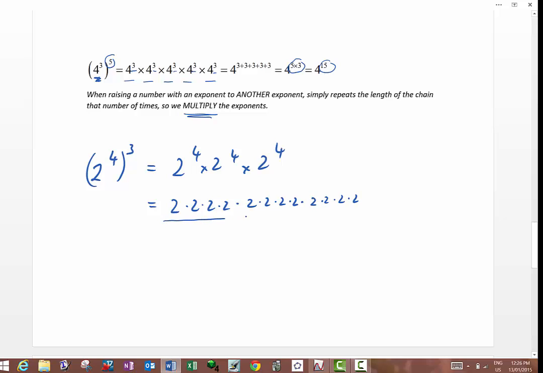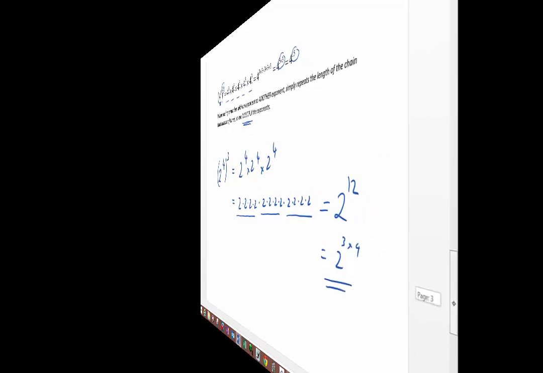So what that has done is repeated the chain of 4, 3 times, so altogether we now have a chain which is 12 long, and of course 12 is 3 times 4. When we raise a number with an exponent to another exponent, all we do is multiply the exponents together.